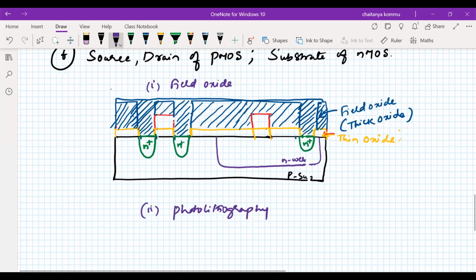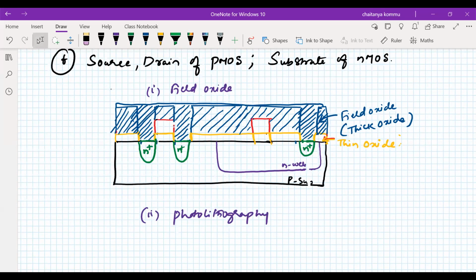So we have to remove the silicon dioxide from here to here and here to here. That means the P plus region for the source and drain of the PMOS transistor and the substrate of the NMOS transistor. From here to here also I need to remove, right? That is how we have to do it.